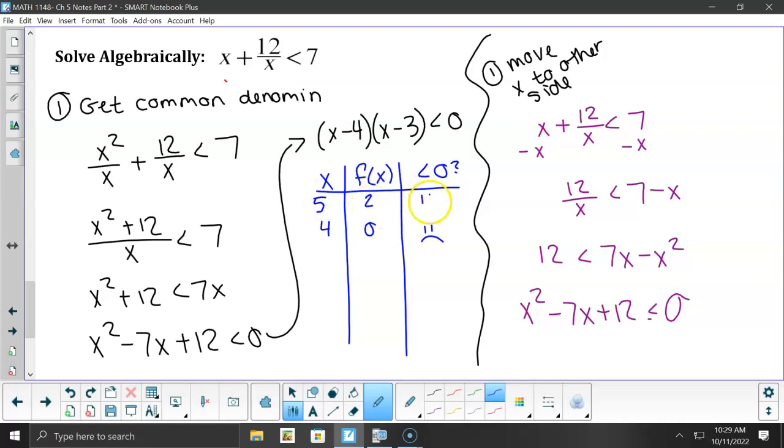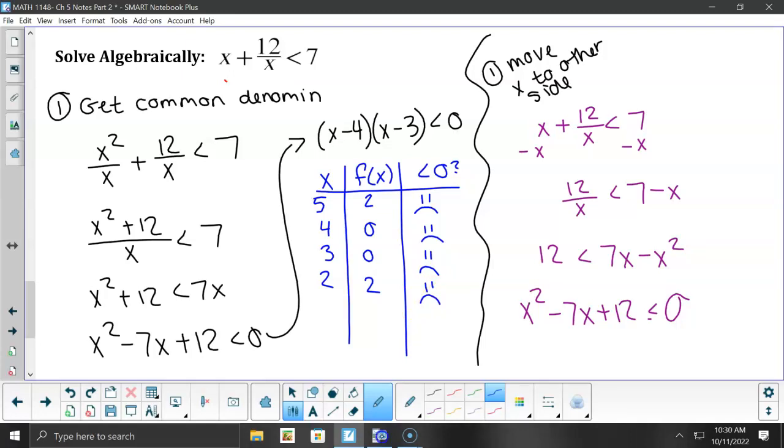That is not less than 0 either. We said 3 gives us 0, that's no good either. What about 2? 2 minus 4 is negative 2, 2 minus 3 is negative 1, so negative 2 times negative 1 should be 2. Ooh, that also causes a problem.